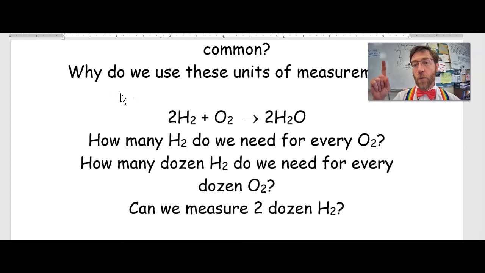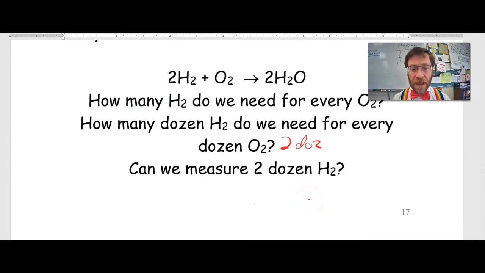Same thing if you don't want to do it 1 molecule at a time, because that's a pretty small amount. How many dozen hydrogens do we need? Well, how about 2 dozen, right? We could use 2 dozen hydrogens, right? So the question is, can we measure 2 dozen hydrogens? Can we measure 2 hydrogen molecules? No. These things are so unbelievably small.